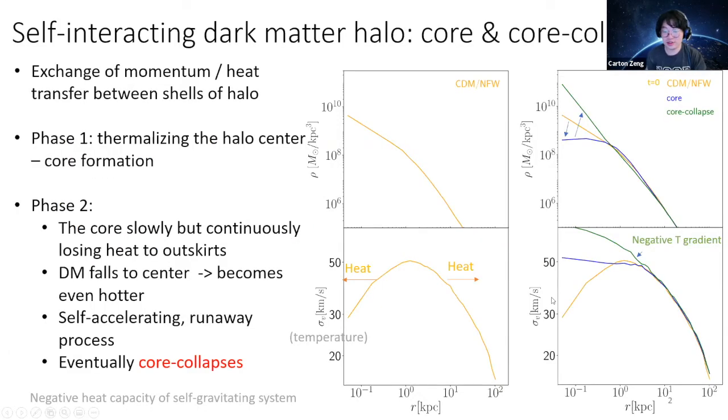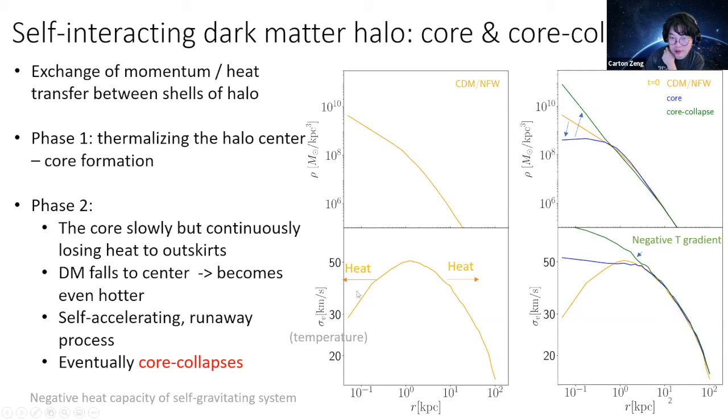Okay, since Akaxia has covered a lot of material on SIDM, I'll skip part of the introduction and directly jump to the halo phenomenology of SIDM, namely the core and core collapse phases. As we know, starting on top of cold dark matter, if we turn on the self-interaction or two-body scattering between dark matter particles, effectively it allows for the exchange of momentum among dark matter particles in a more efficient way.